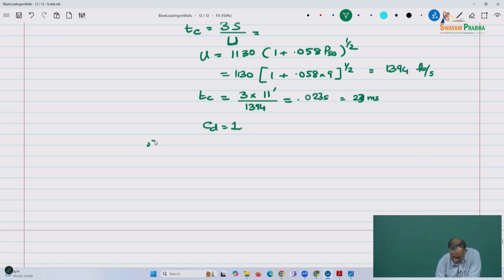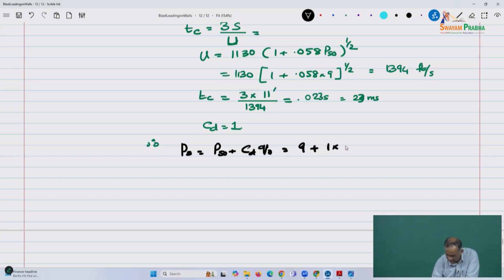And so PS, the stagnation pressure, is PSO plus CD Q naught, which is 9 plus 1 times 1.8, which is 10.8 psi.